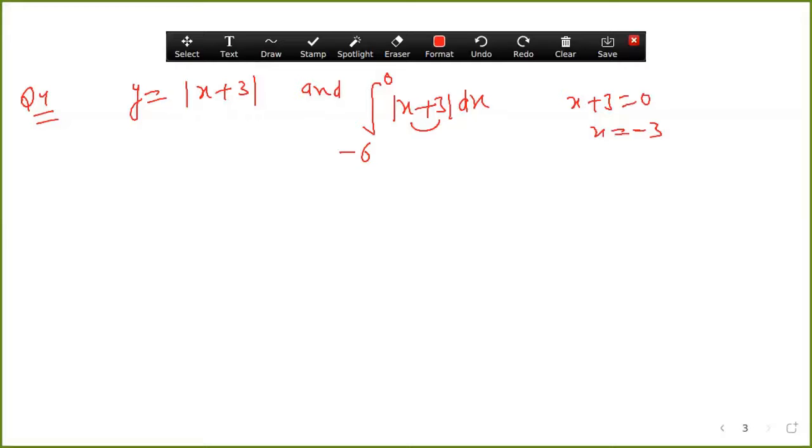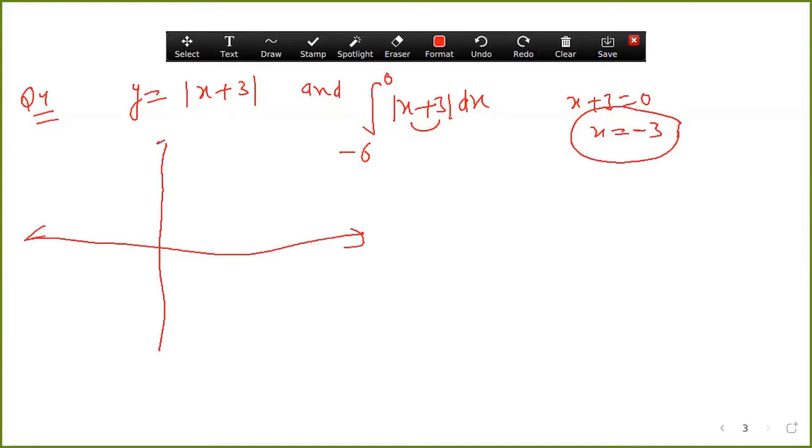What does this show? It means that from minus 3, the nature of the graph changes. This is the turning point of the graph. How to plot the graph now? Because y is equal to mod of x plus 3, you will get two lines whose turning point is minus 3. As you know, y is equal to mod x, you have solved it, you know about it. What this implies is y is equal to x and y is equal to minus x.